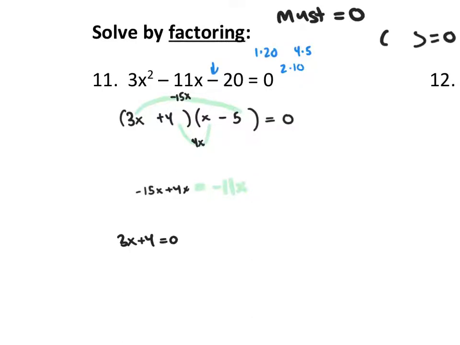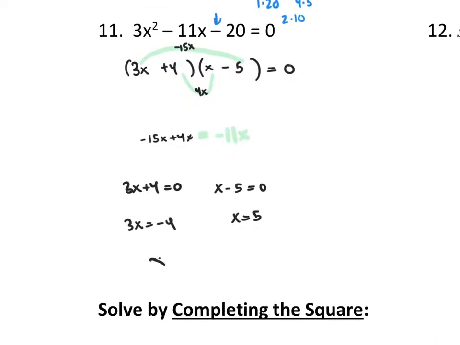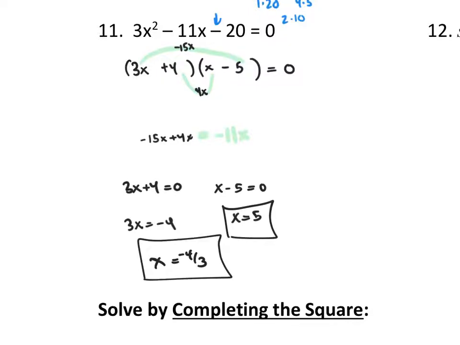Now what we have to do is take both pieces, set them up equal to 0, and solve. So we'll end up getting the answers of x is equal to 5 and x is equal to negative 4 over 3.